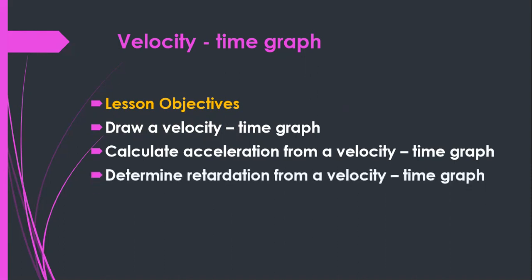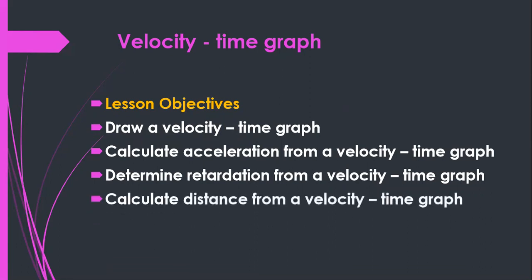Number 3, how to determine retardation from a velocity time graph. And the last, which is very important, is how to calculate distance from a velocity time graph. So these are the things you're going to learn in this video. I want to beg you to watch the video to the end for you to gain the whole understanding of velocity time graph.